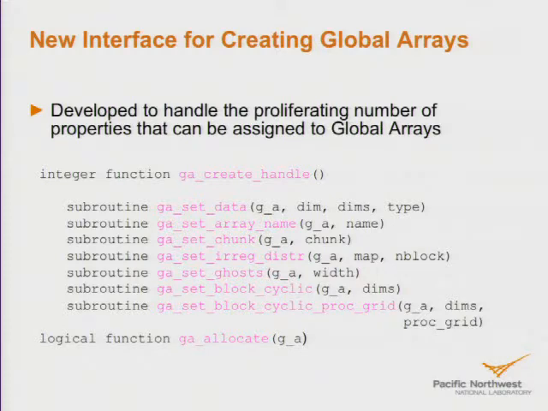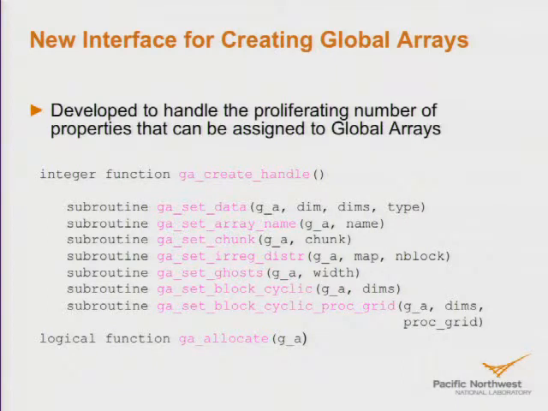These are all different individual operations. Irregular distribution is a way of decomposing the data in a non-uniform way. If you want to do that, you can add ghost cells to it. You can use a block cyclic or a ScaLAPACK type data distribution. There are a couple others at this point too. After you've assigned all those properties to the global array, you allocate it.